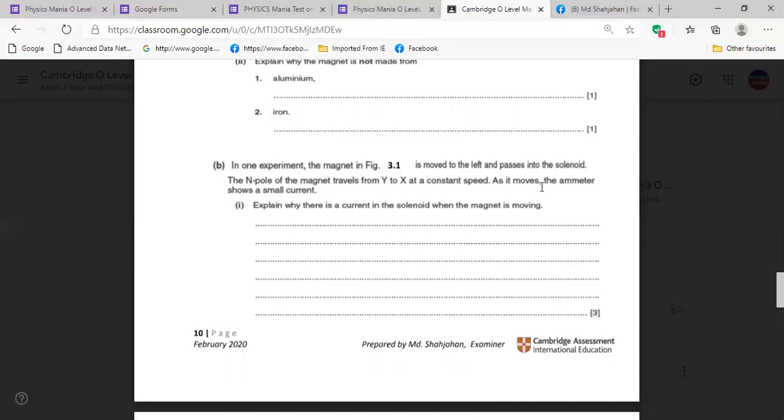For these 2 points, you are having 3 marks. First point, you have 2 marks. Then second point, you have 1 mark. 3 marks.